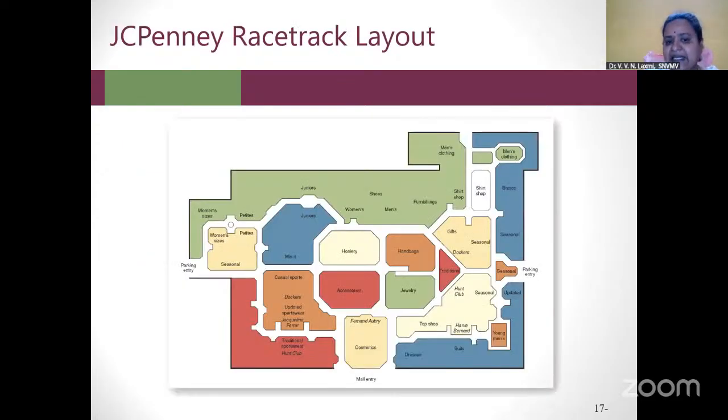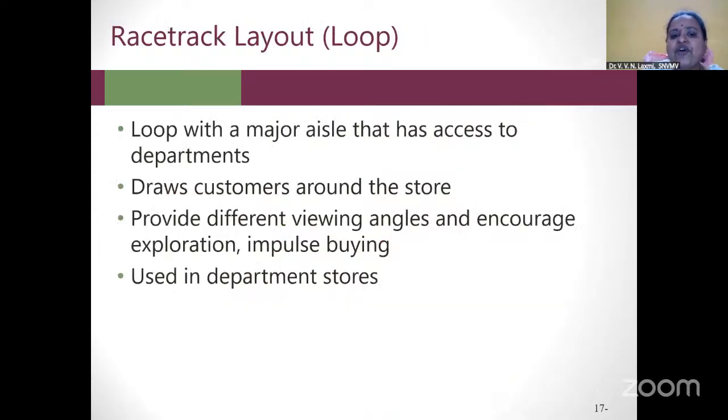It is like this. A racetrack layout is a loop where we have got various sections which display different types of products or different categories of merchandise.